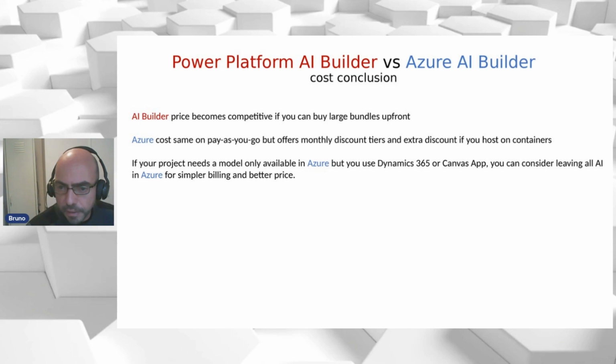If your project needs a model only available in Azure but uses Dynamics 365 or a Canvas app, you can consider leaving the AI side in Azure. For simplicity, it's much easier to control the cost and governance.